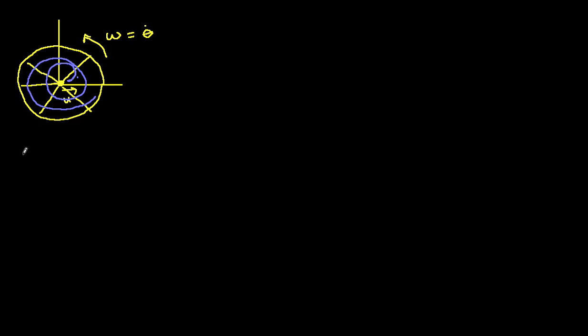So in polar coordinates, the r position relative to the origin is determined by how long it's been going and the velocity it's going at. It's going at a fixed rate u, and we'll go for some time t. So that's what r is.